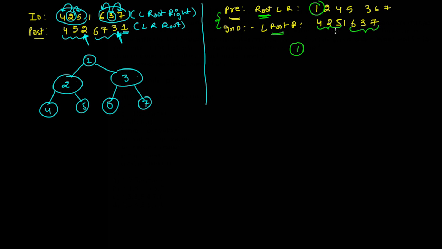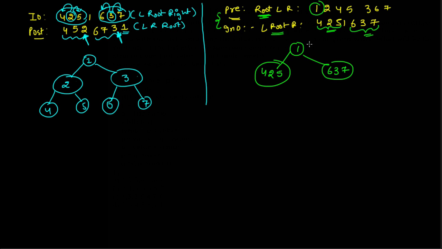The left part tells us the elements in the left subtree, and the right part tells us the elements in the right subtree. So in the left subtree we have 4, 2, 5, in the right subtree we have 6, 3, 7.